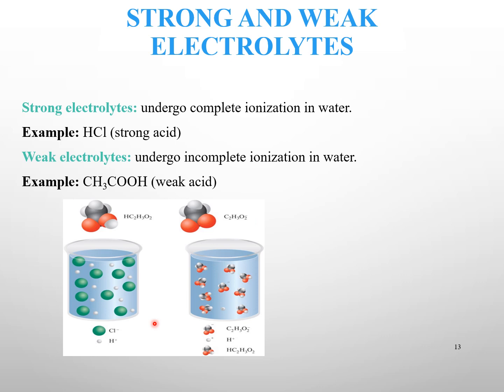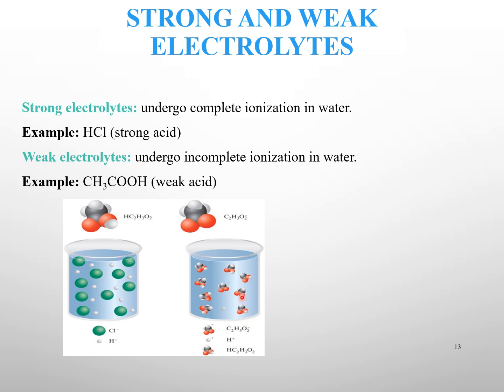If you take a look at this picture here, HCl, hydrochloric acid, is going to dissolve in water and it's all split into ion form. See, the Cl and H are all separated in the solution. If you were to dissolve acetic acid, you would get mostly molecule forms.